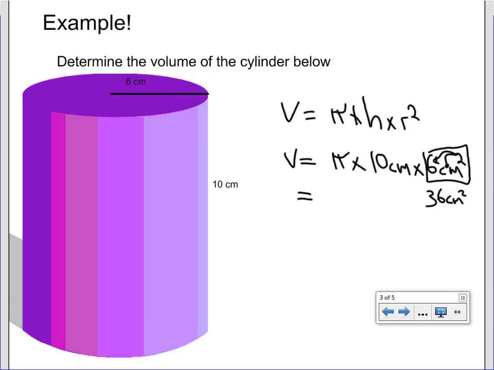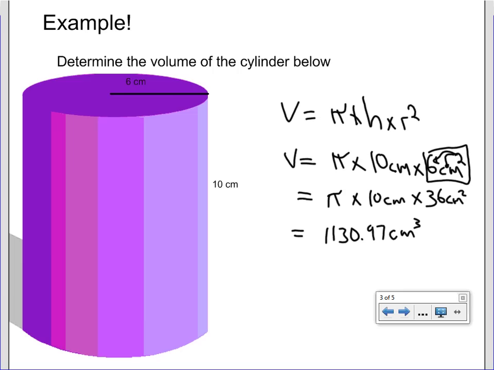Then that's our area. Putting this all together, pi times 10 centimeters times 36 centimeters squared gives 1,130.97355. Let's go to 2 decimals: 1,130.97. And our units are centimeters cubed.